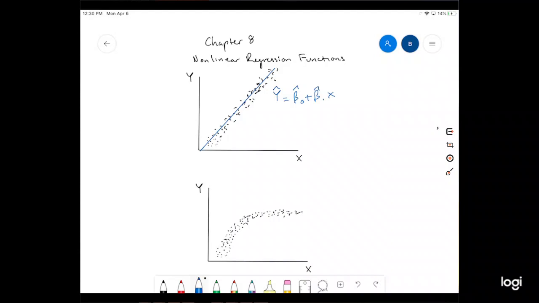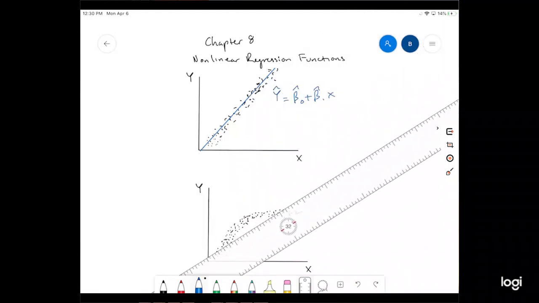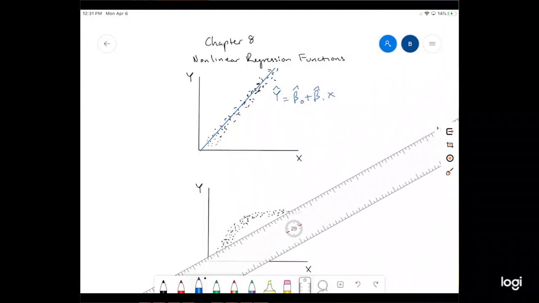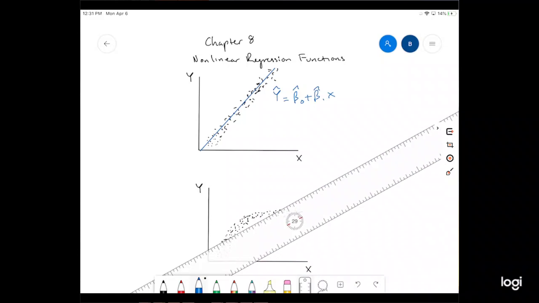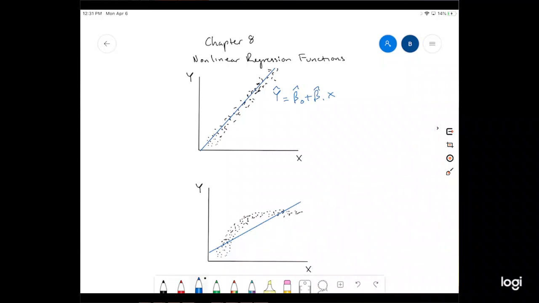But what do we do if the data looks like the bottom graph? So the data has some curvature to it. If we estimate our regression line on this data, it would look something probably like this.